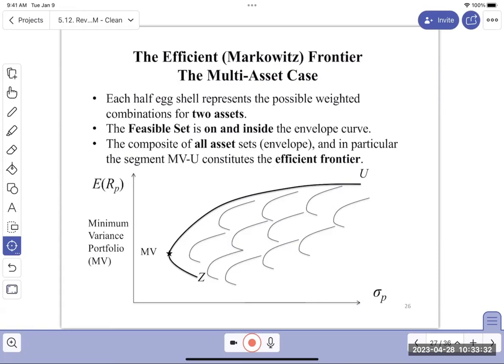Or you're going to choose a combination of many assets. The feasible set is on this curve here and inside here. So these are all the possible combinations that make a portfolio.